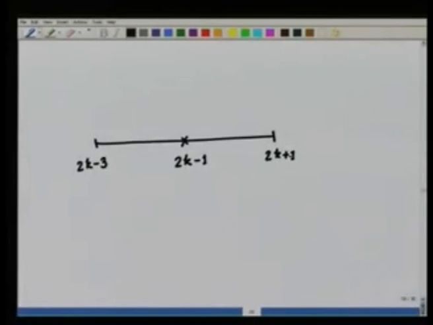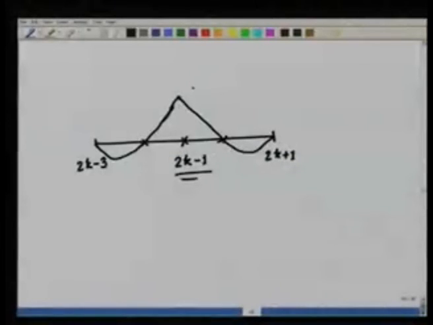If you see, I am talking of the equation corresponding to this function, which is phi 2k minus 1. Which of the phi's are going to contribute to the equation corresponding to this? Certainly it is going to be this phi.